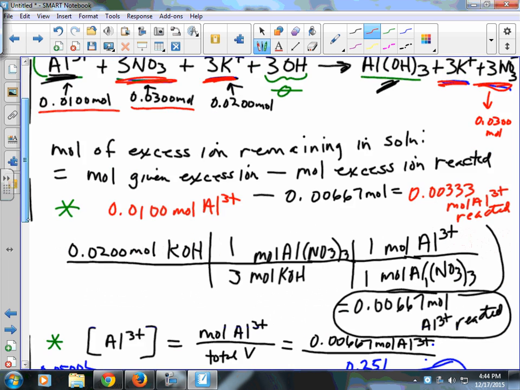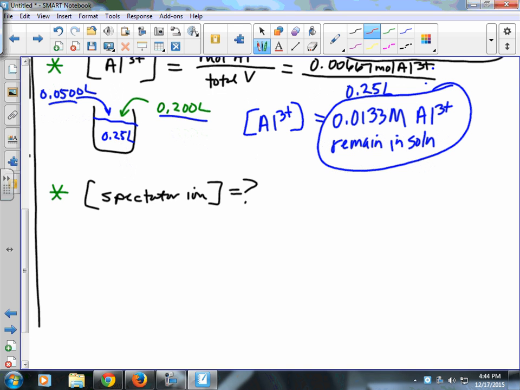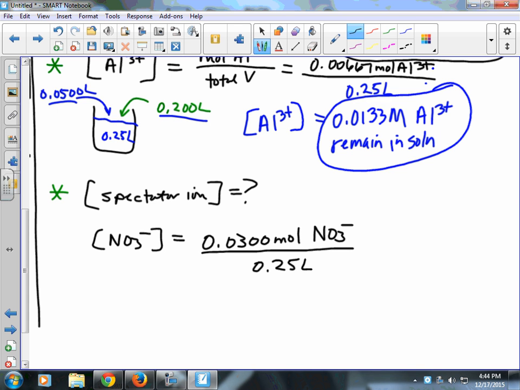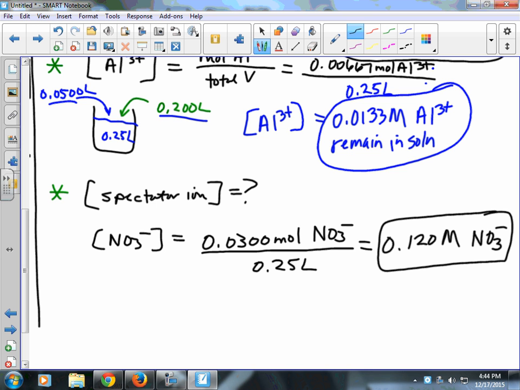So the concentration of nitrate, we've got 0.03 moles divided by our total volume, 0.25 liters, and we get an answer: 0.120 molar nitrate ion. See how easy that was?